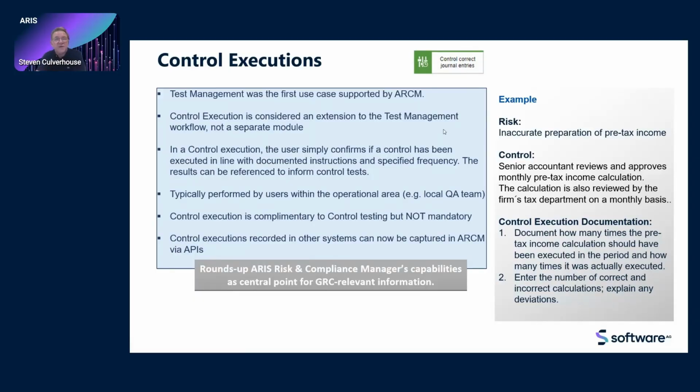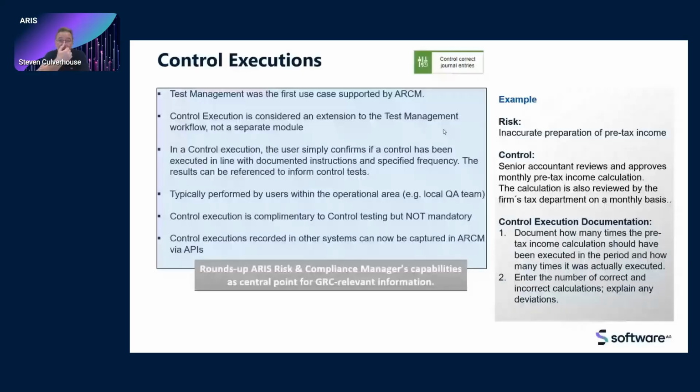In the control execution, as it says here, the user simply confirms if a control has been executed in line with the instructions and the frequency. So if you've got a monthly control, and you do this control execution test quarterly, then you will have 3 examples of that control supposedly being executed. And what you're doing is checking, well, did it get executed each month as it's supposed to, or did they miss a month?